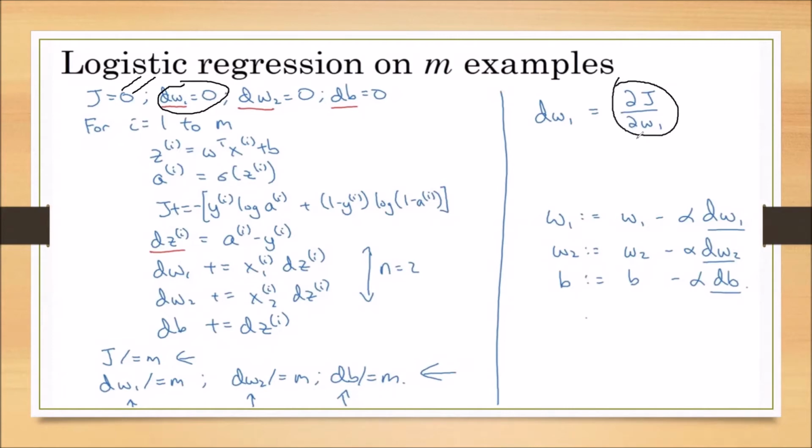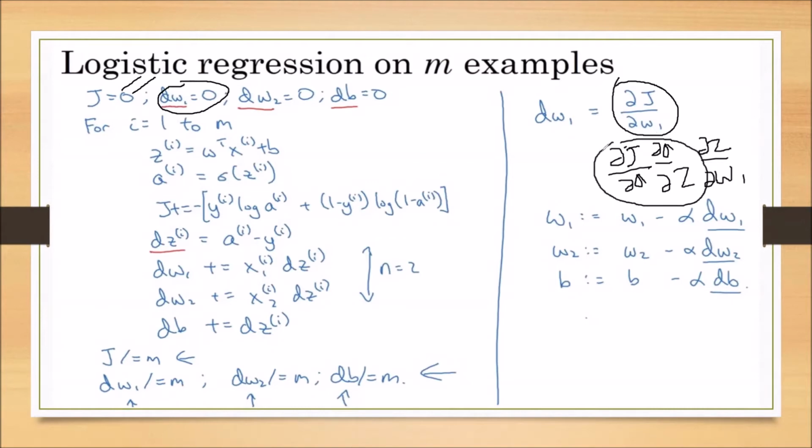If I express this, I think we already discussed it. We can express dou J by dou w1 as dou J by dou a, times dou a by dou z, times dou z by dou w1. This is how we calculated the value of dou J by dou a into dou a by dou z.